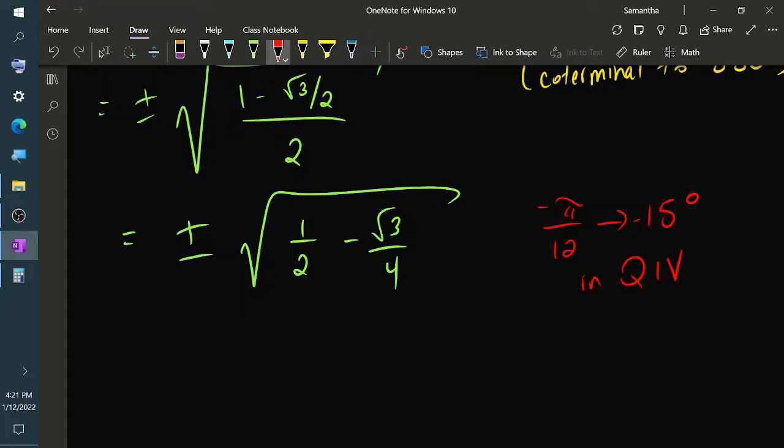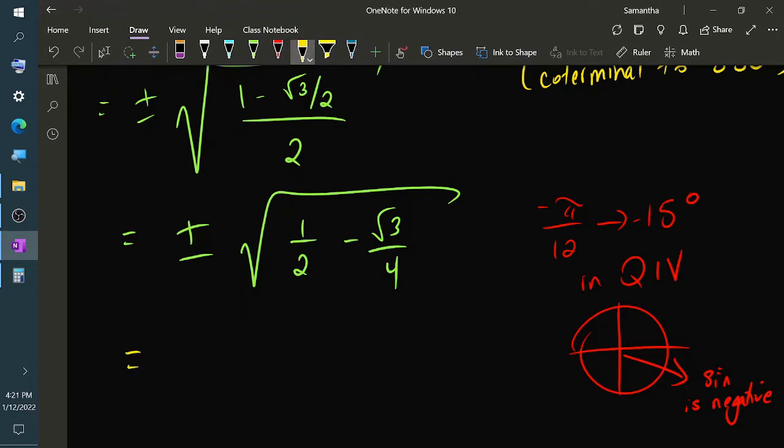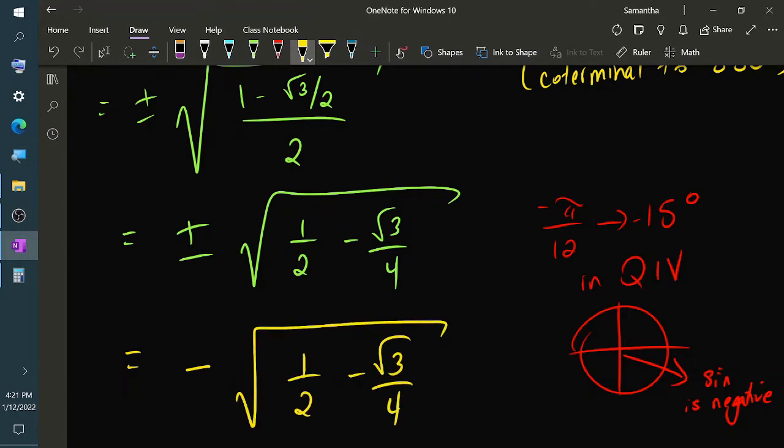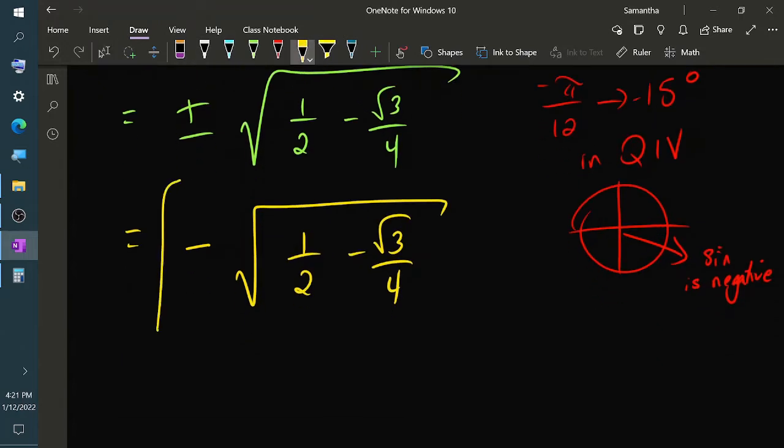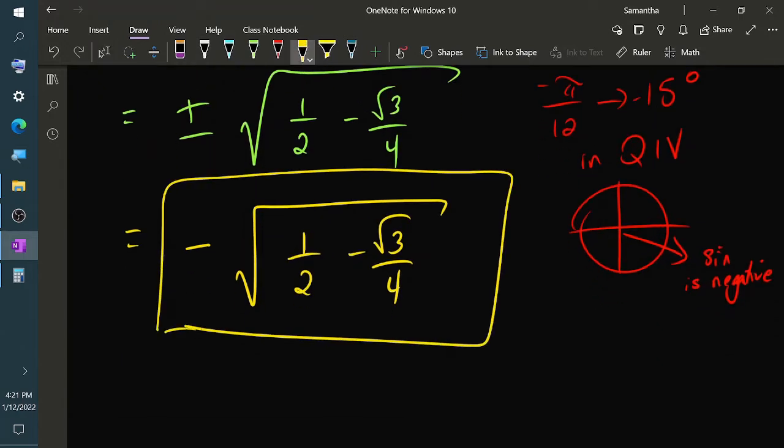And as a result of that, the y values, the sine outputs, will all be negative. Therefore, the correct final answer to this question would be the answer that has the negative square root only. This quantity, the negative square root of 1/2 minus root 3 over 4, is the exact value.